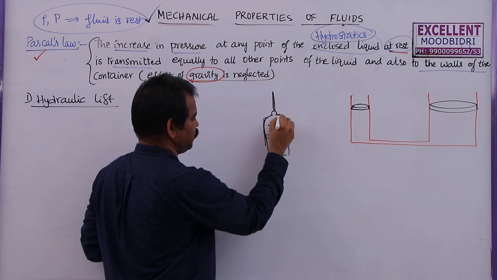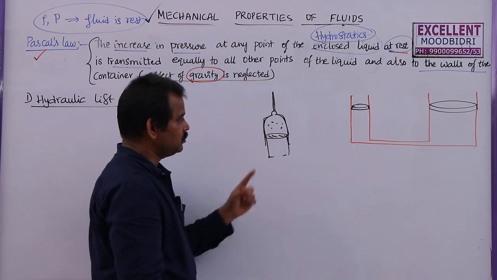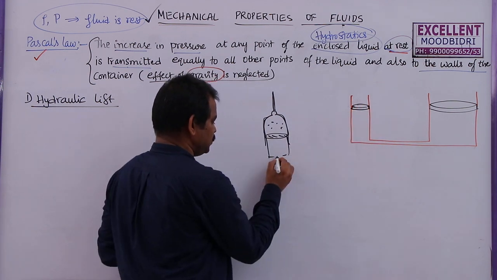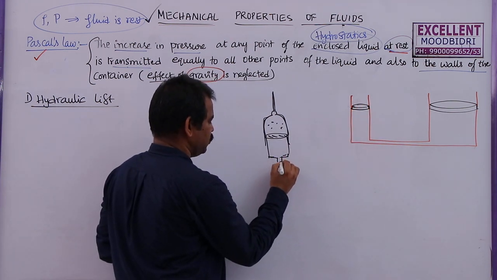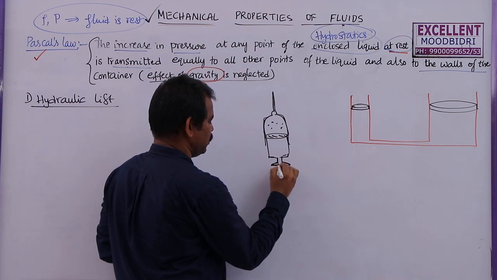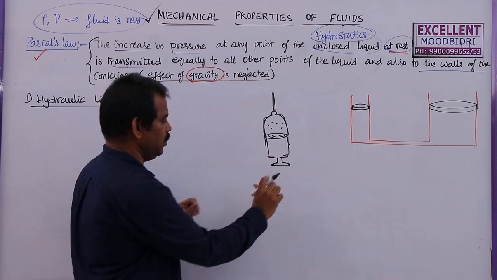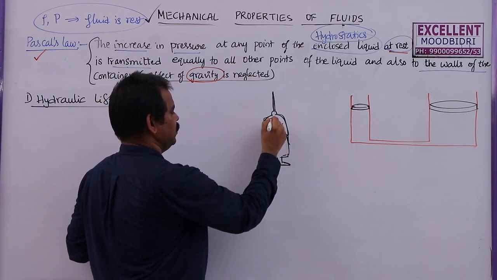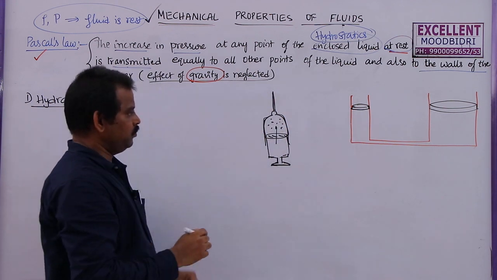So this is the cylindrical portion of the injection. Similar to this one, this is a cylinder and this is a piston. The piston has one knob or projection here to press it. As it enters, it will push the medicine into the patient's body.